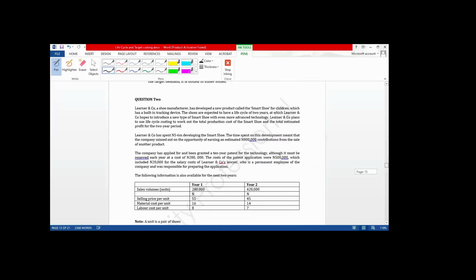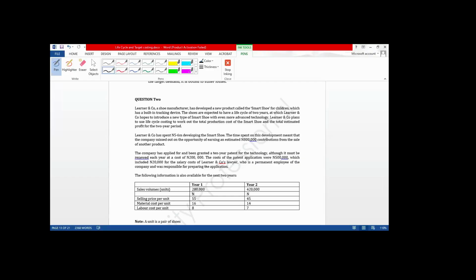Next, the cost of patent application, 500,000, which include 20,000 naira salary of a lawyer who is a permanent employee of the company. The question is this 20,000 naira relevant? It's not relevant. No, sir.